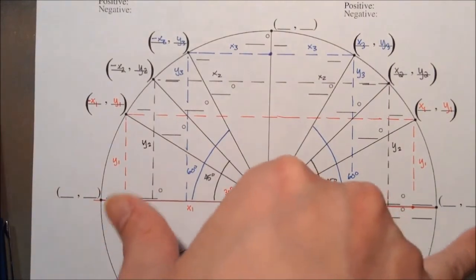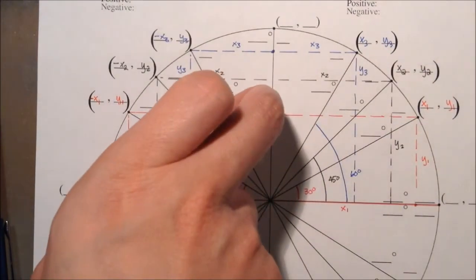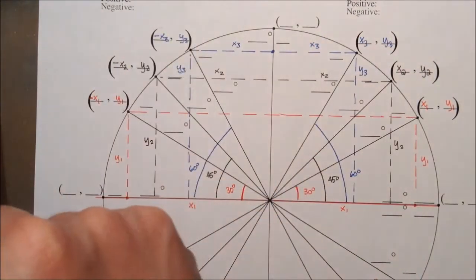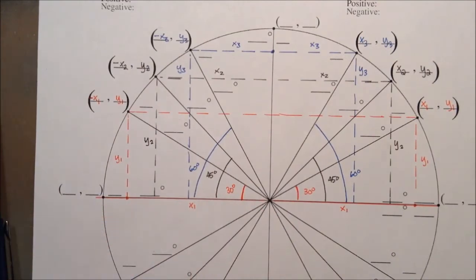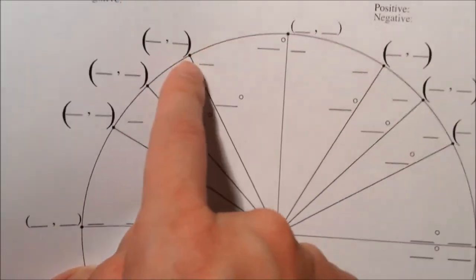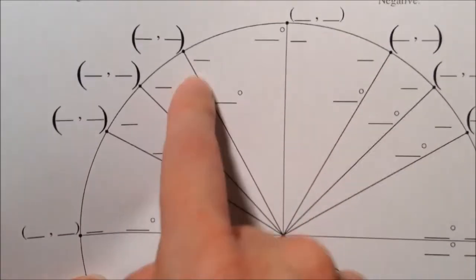So, here I show you the connection from quadrant 1 to quadrant 2 in terms of these x values, these coordinates. Knowing that, if you know your coordinates here, then you know your coordinates there without knowing the radians or the degrees.